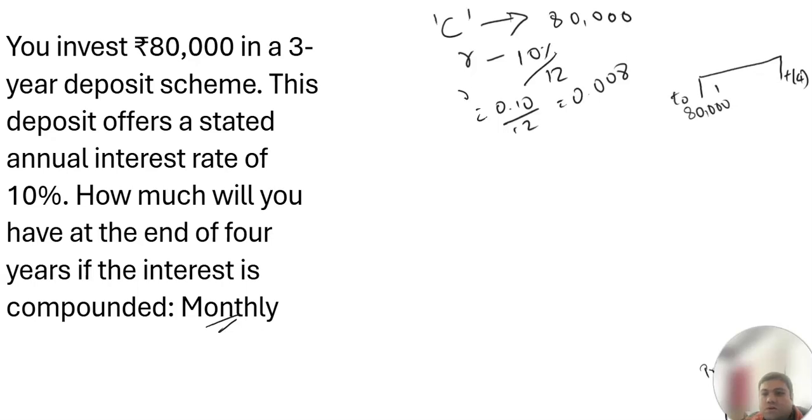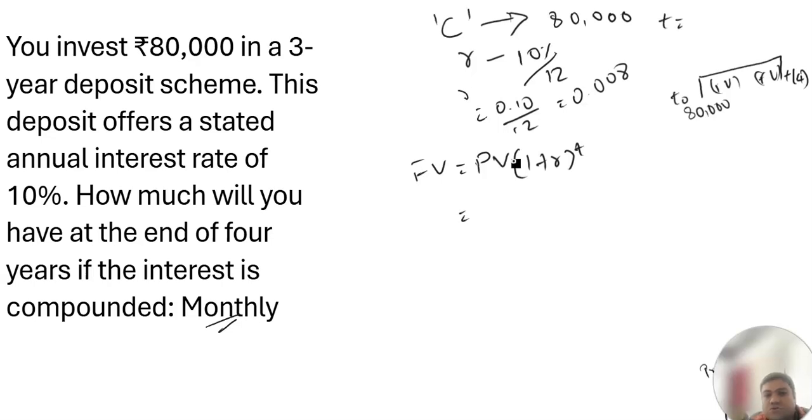Okay, so now just simply apply the formula. We know the present value, and we need to find out the future value. For the future value, I already told you that we need to compound it because your profit gets reinvested. So what is the formula? Future value equals the present value into 1 plus r to the power of t. t also you should convert.